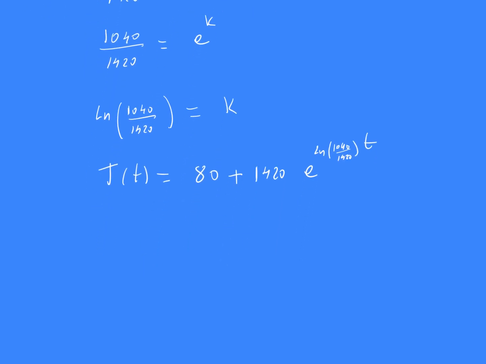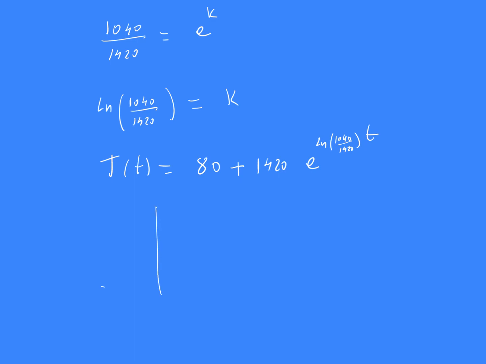And what does this equation say? It says that the temperature goes like this. When the time is 0 hours, the temperature of the object was 1500. I can see here that is true. When t equals 0, e to the 0 is 1, and this is 1500. As time goes, the temperature decreases in an exponential way.